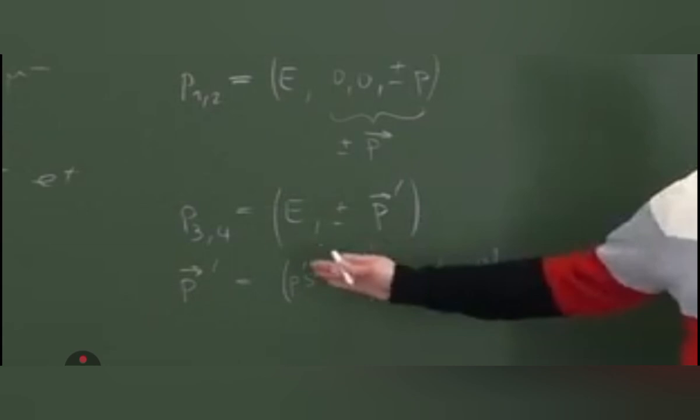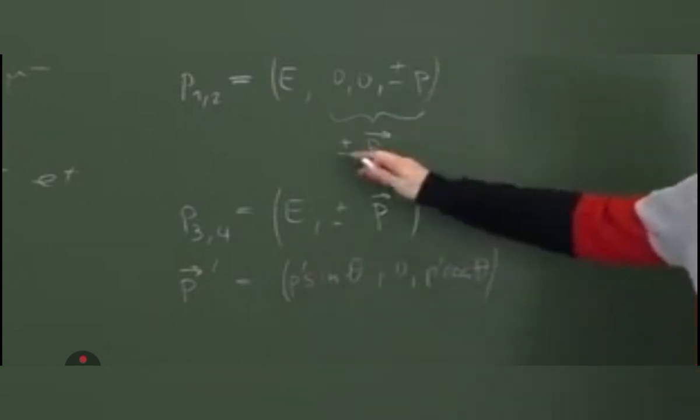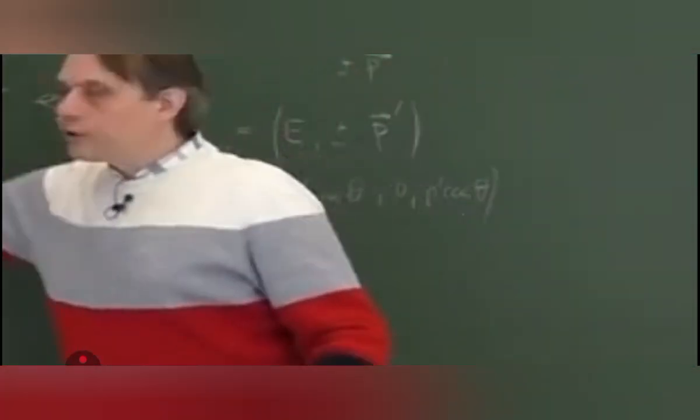Then we have implemented that the angle is theta, and also that the overall magnitude of the momentum changes, p prime versus p, because of course the muon has a different rest mass. Therefore, if the energy is the same, the spatial momentum must have a different magnitude, namely smaller than for the electron. And the plus minus implements that they also fly head-on, back to back.